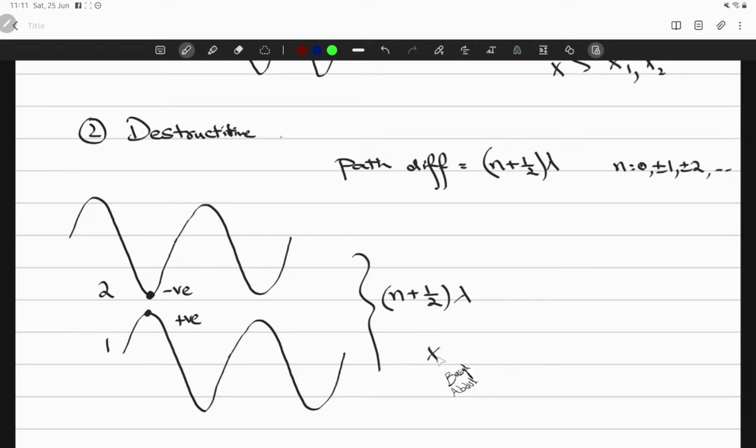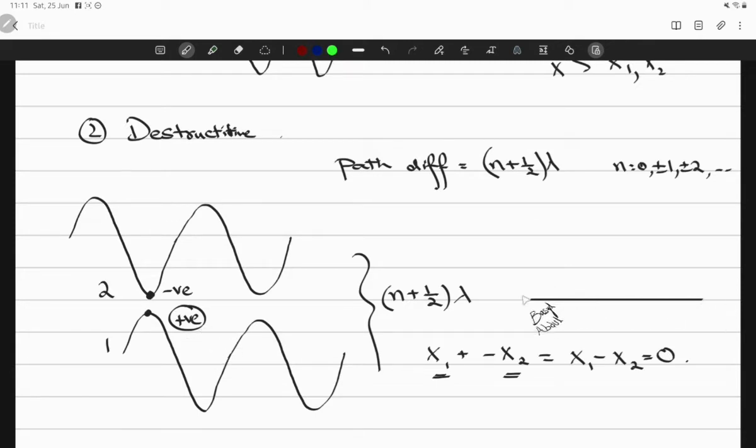So x1 is this one, it's positive, plus minus x2. And because the amplitudes are the same, this would be x1 minus x2, which is 0. So hence the amplitude is being cancelled out, so the resultant would be something like this.